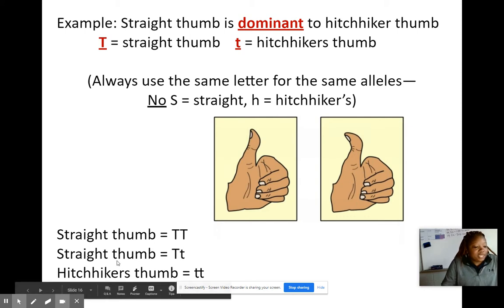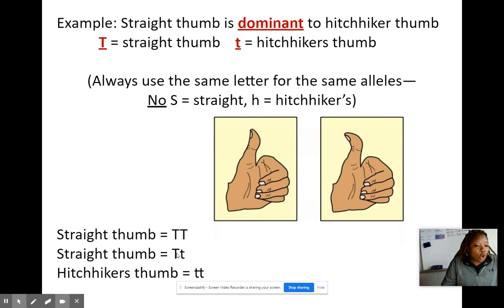Moving to the next one, you have another straight thumb, but the mom passed down a dominant gene for a straight thumb, and the father passed down a recessive gene. When the dominant gene meets the recessive gene, we always read that as dominant, because the dominant gene will overshadow the recessive gene every time.